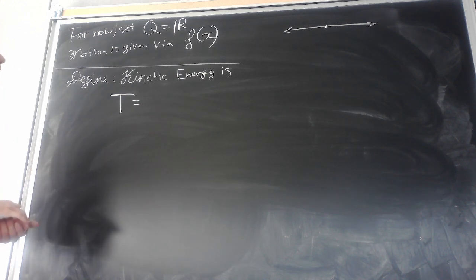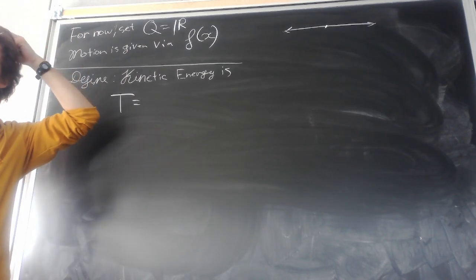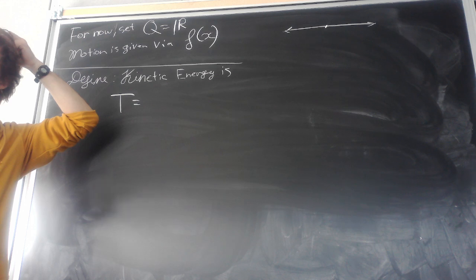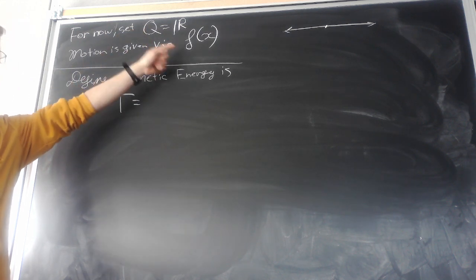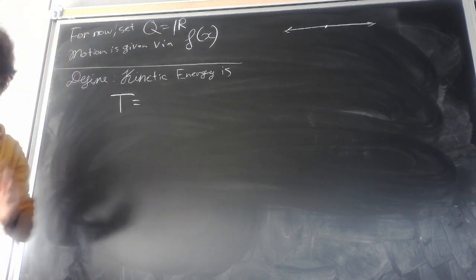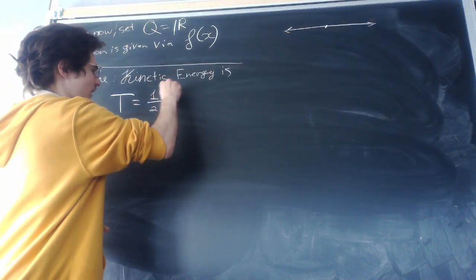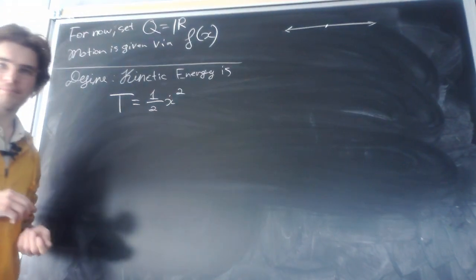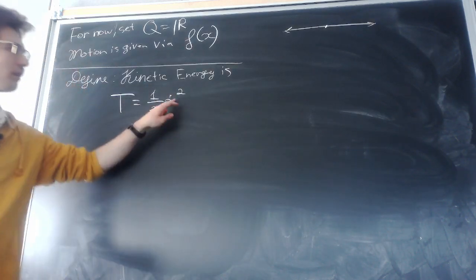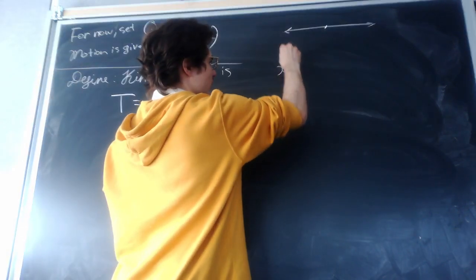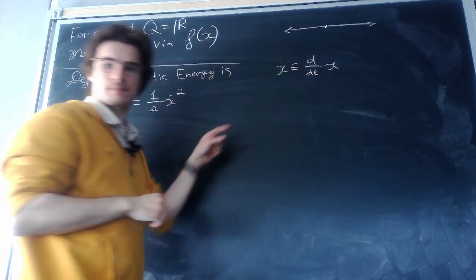In our case, once again, we're absorbing m into f, so we're setting m equals to 1, or really we're just rescaling the force to have m included into it. So in our case, this will just be 1/2 x dot squared. Okay? Pretty straightforward. And I'm hoping people realize that when I say x dot, I really mean d dt of x.